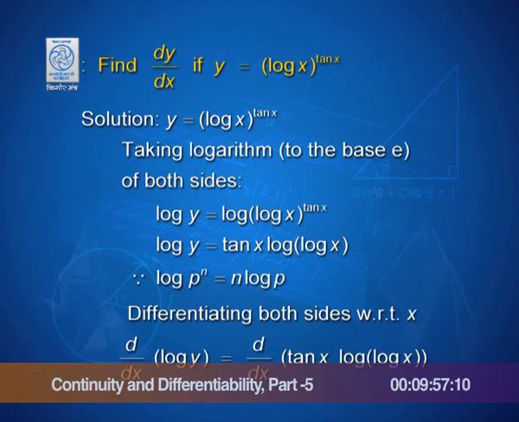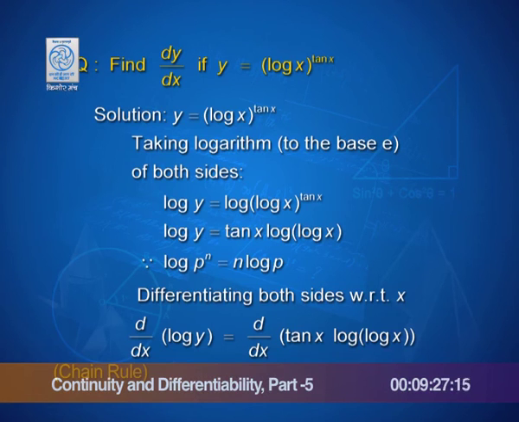I get the derivative of log y with respect to x, and the derivative of tan x into log of log x. This needs to be looked at with care: when you differentiate log y, there is a presence of the chain rule, because log y is a composition of the logarithmic function and y, which is a function of x, whereas the right hand side is a product of two functions.